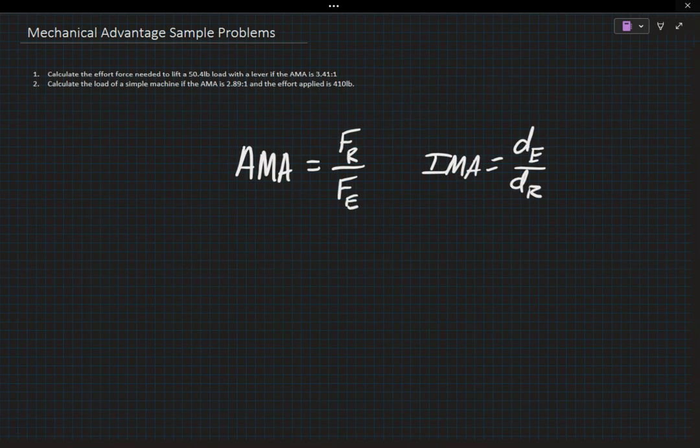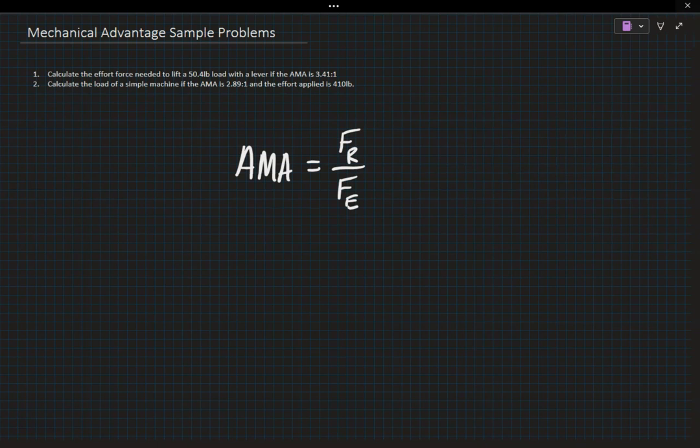With IMA, the further out your distance effort is, the more leverage you have, the more mechanical advantage you have. So it's a very easy and common mistake to put E on top for this equation, but just try to keep them separated. Anyway, let's go ahead and make our list.